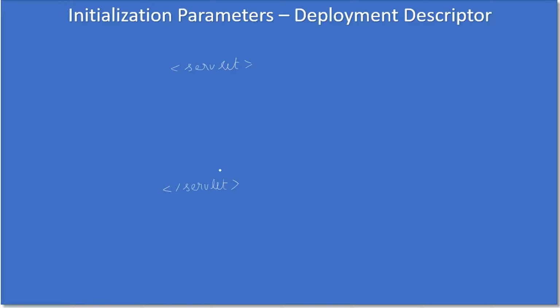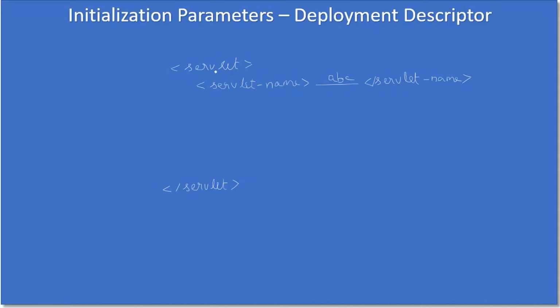In the deployment descriptor you will see a servlet tag with opening and closing tags. Next you see a name for the servlet. This will be the identifier name for the servlet.